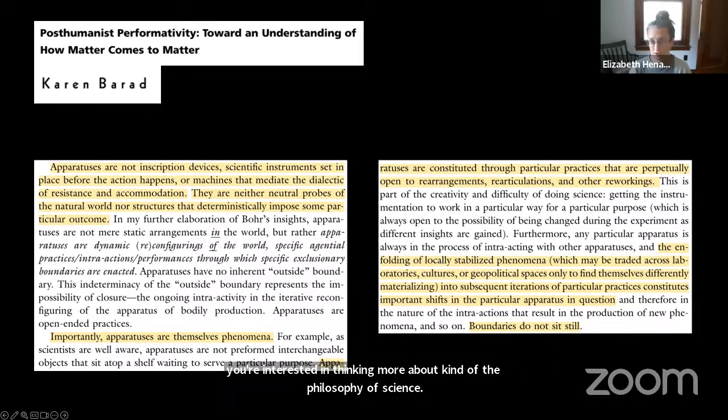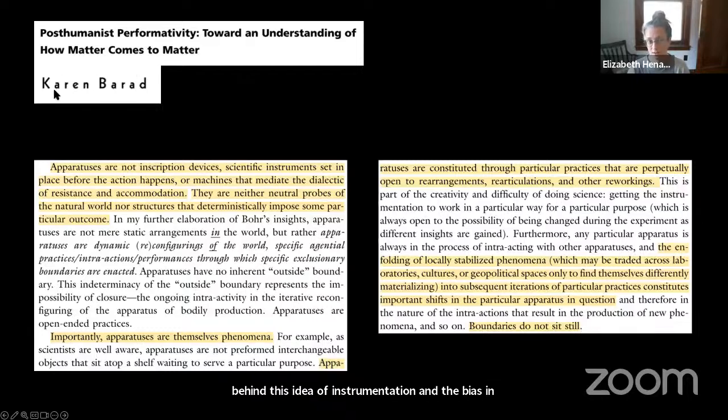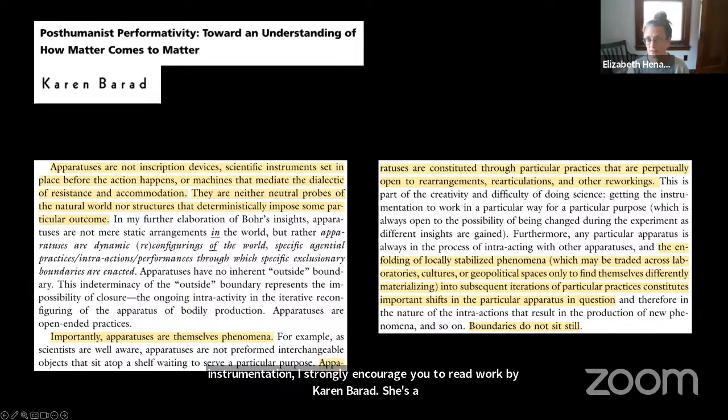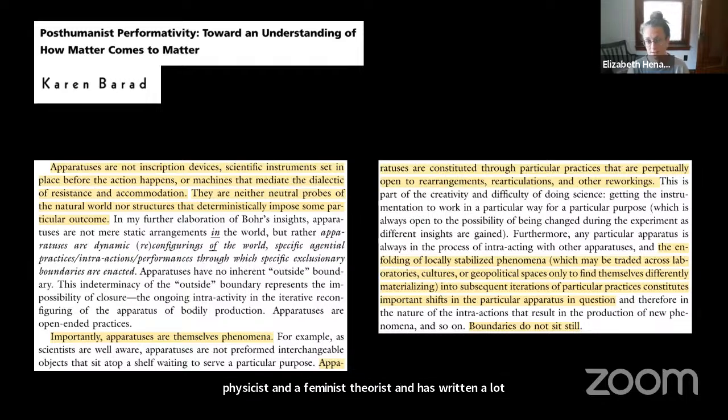If you're interested in thinking more about the philosophy of science behind this idea of instrumentation and the bias in instrumentation, I strongly encourage you to read work by Karen Barad. She's a physicist and a feminist theorist, and has written a lot in the context of philosophy of science and feminist theory about how the tools that we make for scientific research are not unbiased extensions of our sensory system, but very much carry the inherent biases and wishes and desires of the person who is making that tool.